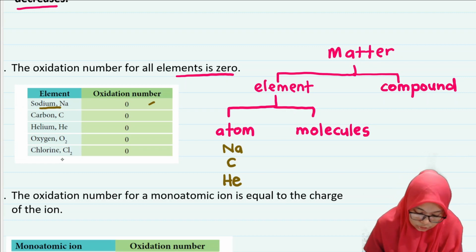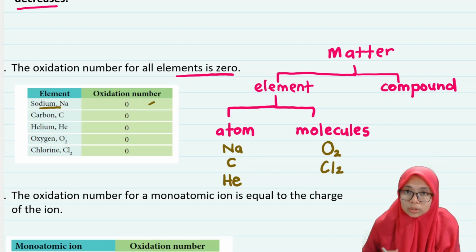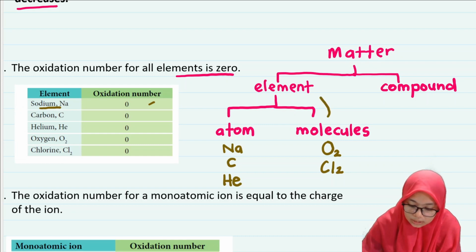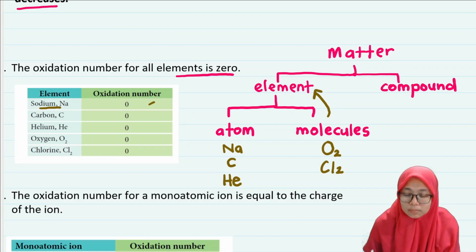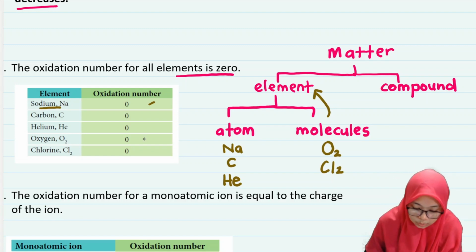Okay, oxygen and chlorine are actually molecules. But both atoms in the molecule consist of the same element. This keeps the molecule inside the element group, and because of that, the oxidation number of that molecule or that element is also 0.